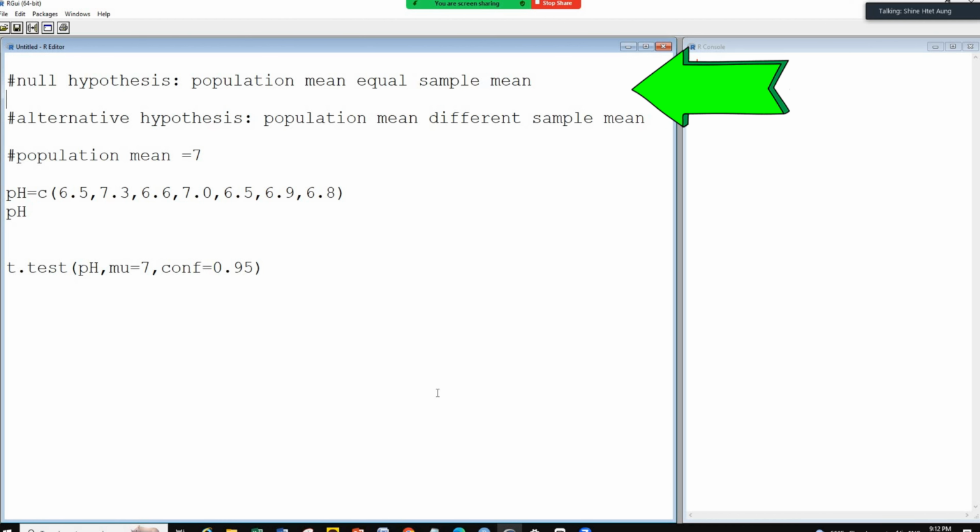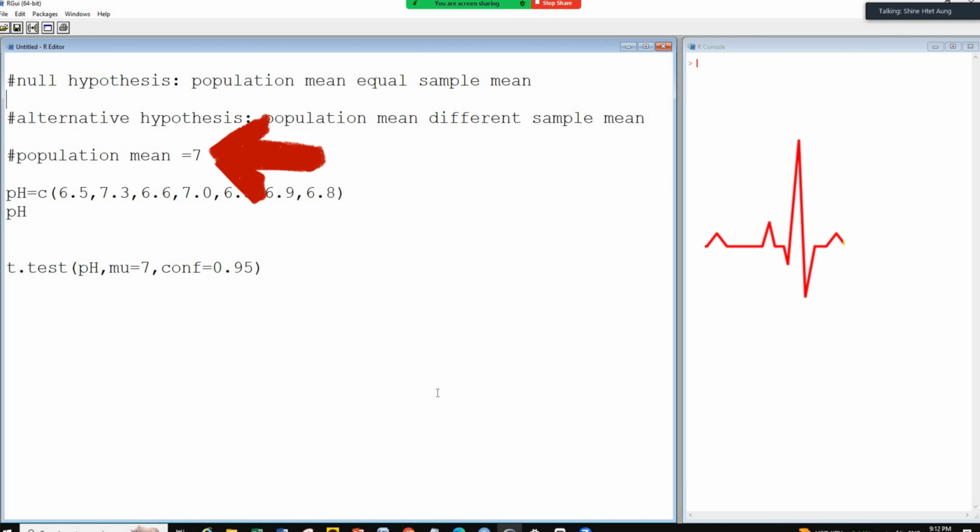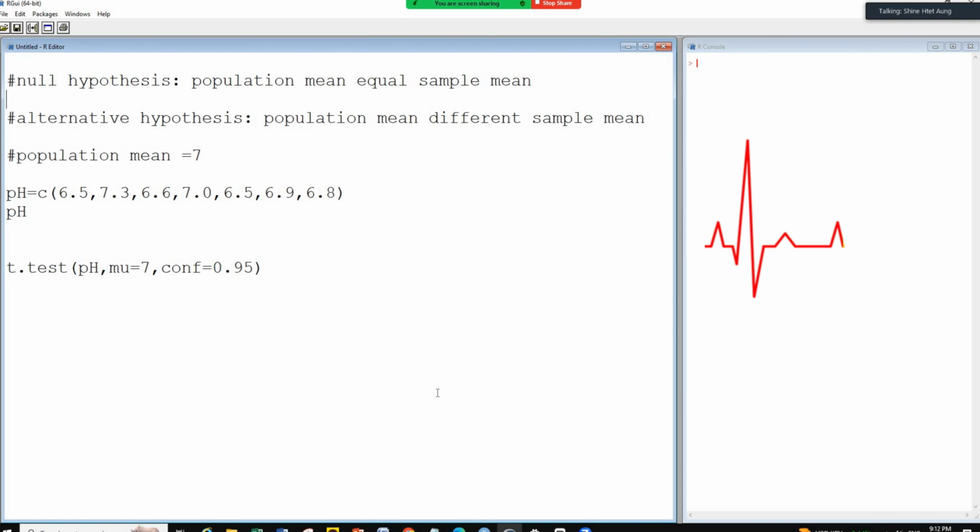In one sample data, we have to know the population mean or standard value. Here, the population mean is 7. That means the pH of drinking water is 7. As I mentioned in another example, the heart rate of humans is 72 times, which is the standard value, the population mean.